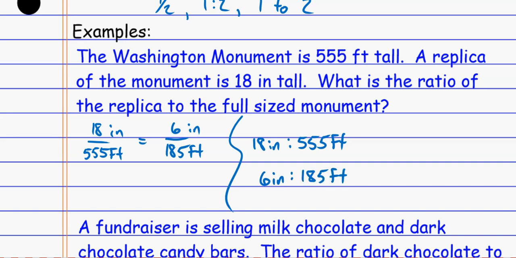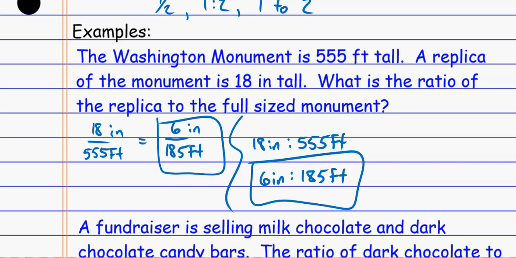For something like this, this second notation is probably more typical when we're comparing a replica to an actual thing in terms of inches and feet. All right, but that's a ratio. It's just comparing these things with division. Sometimes we just write it in a little bit of a different manner.